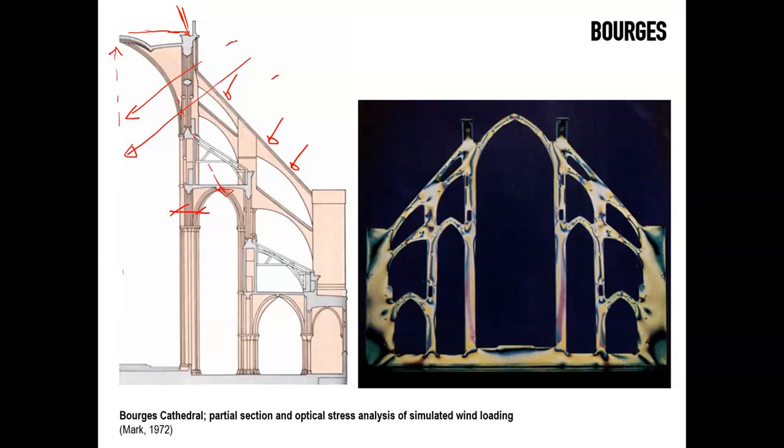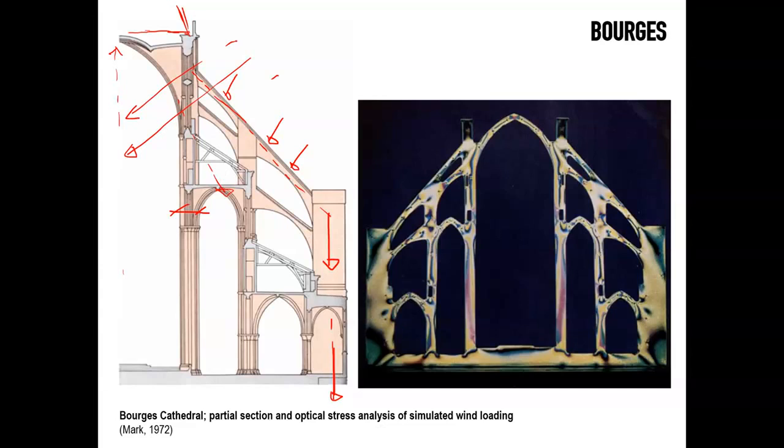But all this external skeleton is built up to convey some of these thrusts back down to these external towers or piers of masonry, that sometimes are pinnacles as well, but which with their weight ultimately ground and transfer all these forces down to the ground.